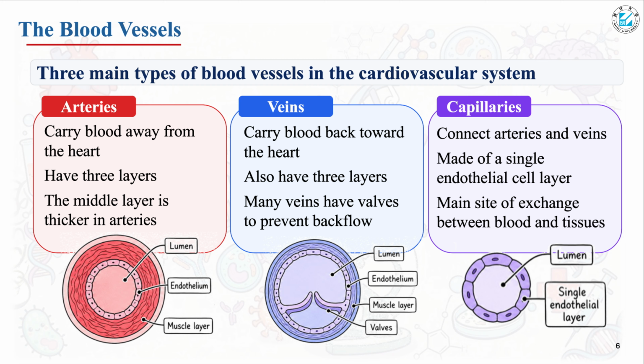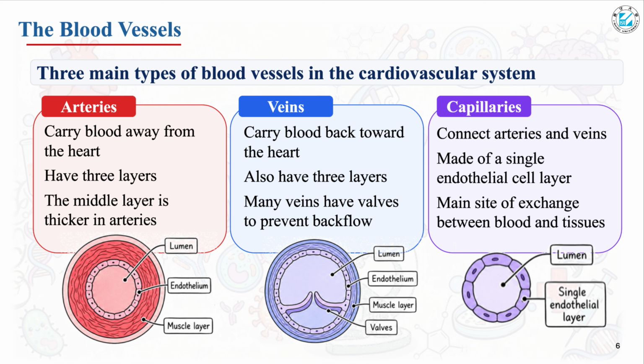Veins carry blood back toward the heart. Veins also have three layers, but their walls are usually thinner. Many veins also have valves. These valves help prevent blood from flowing backward, especially when blood moves against gravity.